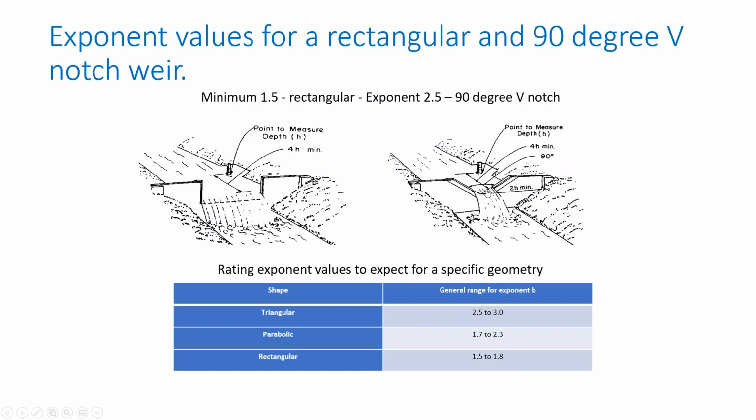When it goes to triangular, like this one here, we're expecting 2.5 to 3, and parabolic is somewhere in between, 1.7 to 2.8, as a rough guide of what that exponent should be.